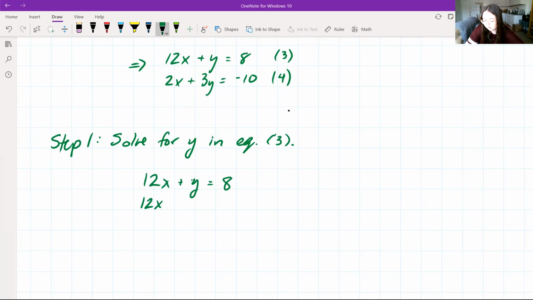So we'll subtract 12x from both sides. And this gives us our equation of y is equal to -12x plus 8.